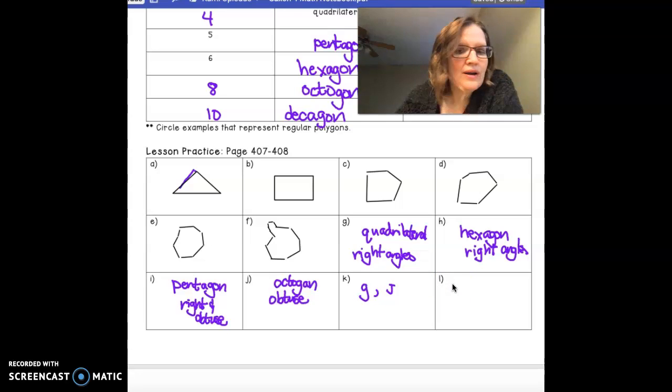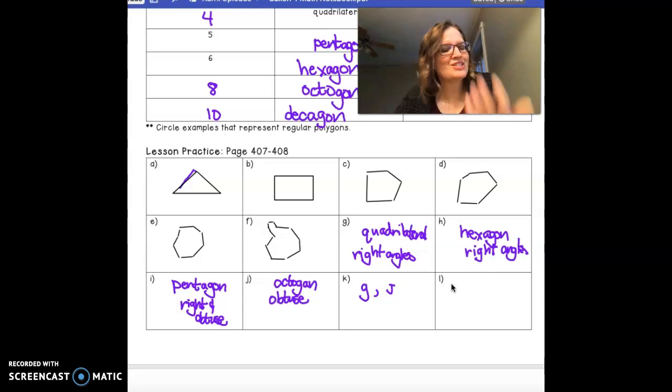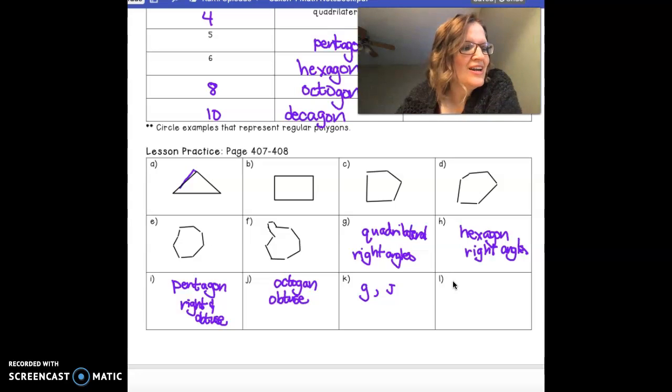And for L, they want to know which common street sign has the shape of a polygon in problem J? That is our octagon. And we know that it's a stop sign.